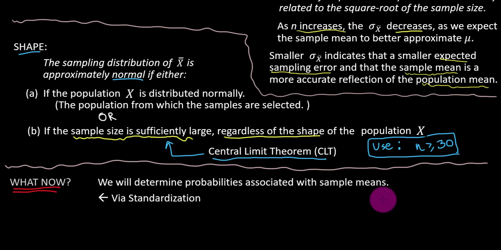Just like we did previously, where we had the z-table and we used the standardization formula to create a z-score. And that's what we're going to do here as well. It's just going to be slightly different. But let's draw some parallels.